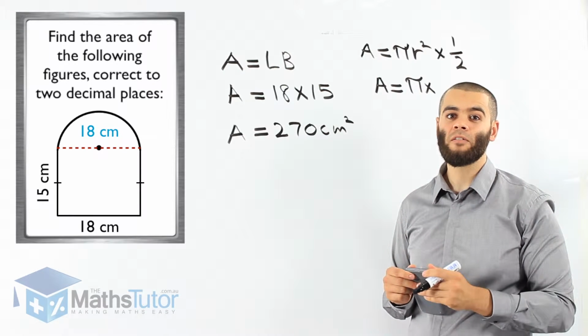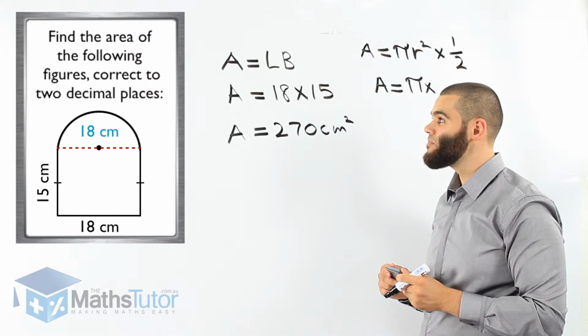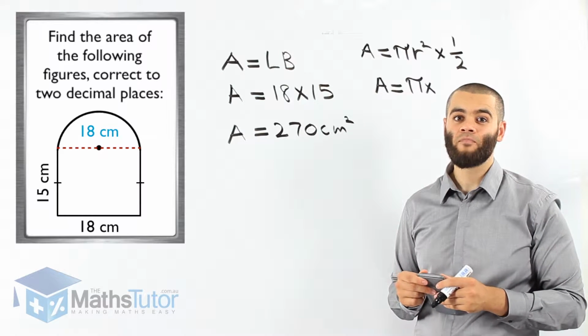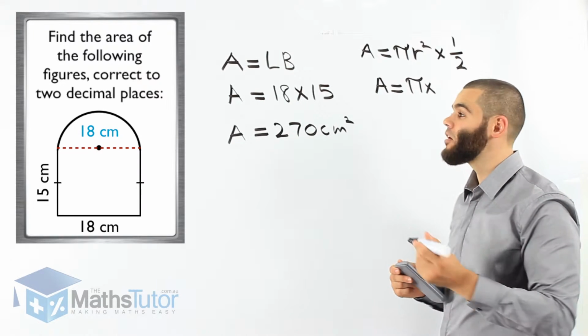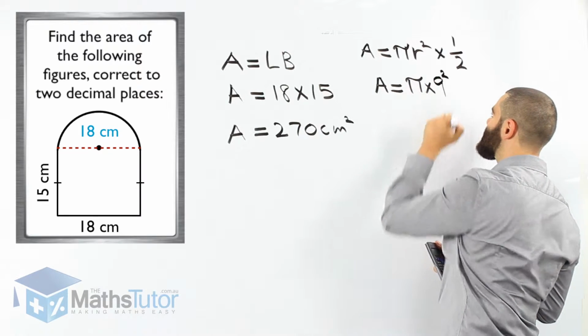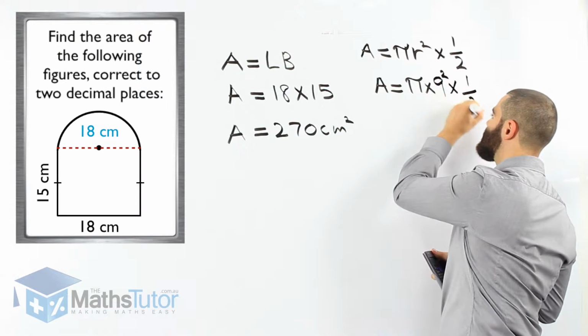It's the other side of the rectangle. So if that is 18, the radius will be half that. So half of 18 is 9. 9 squared, that's our radius squared, times half.